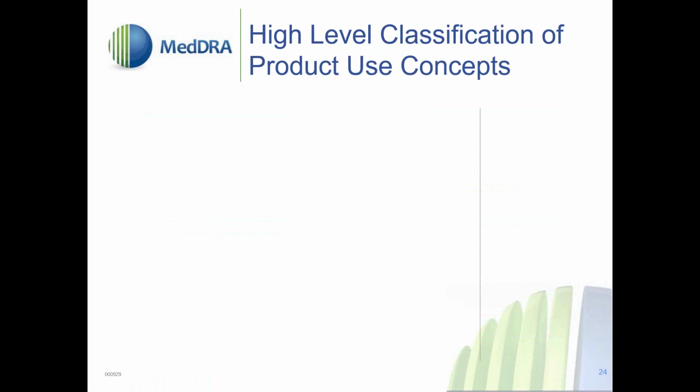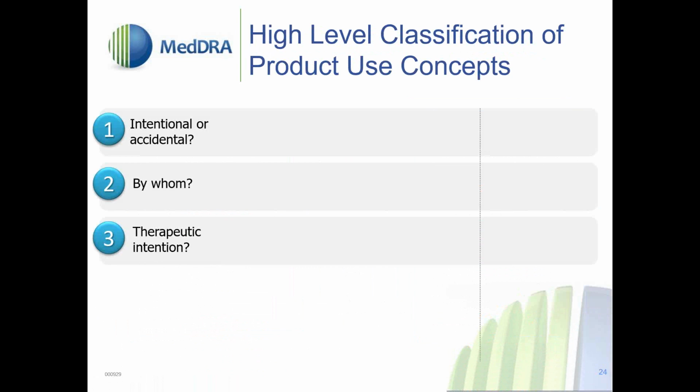The following flowchart visualizes this decision-making process. Here are the core questions: intentional or accidental, caused by whom, triggered by whom, and in the context of therapeutic use, yes or no. Let us assume that the unapproved use took place intentionally. This may be decided by healthcare professionals or by patients or consumers.